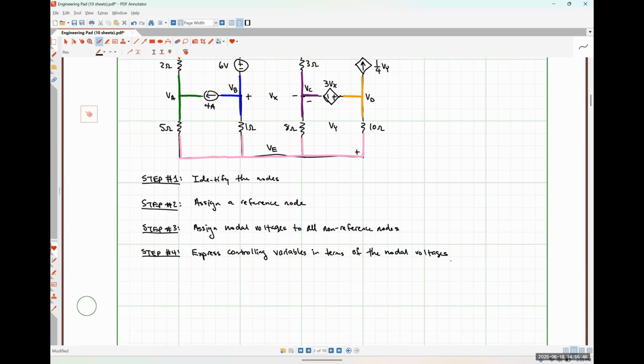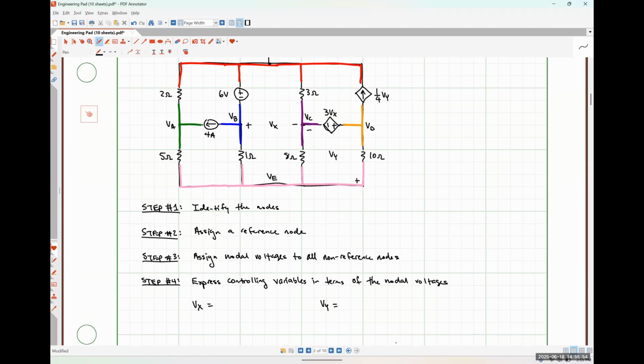So we've got two controlling variables, Vx and Vy. So anybody care to venture your opinion on how we would express that voltage Vx in terms of our nodal voltages? Would it just be VB minus VC?